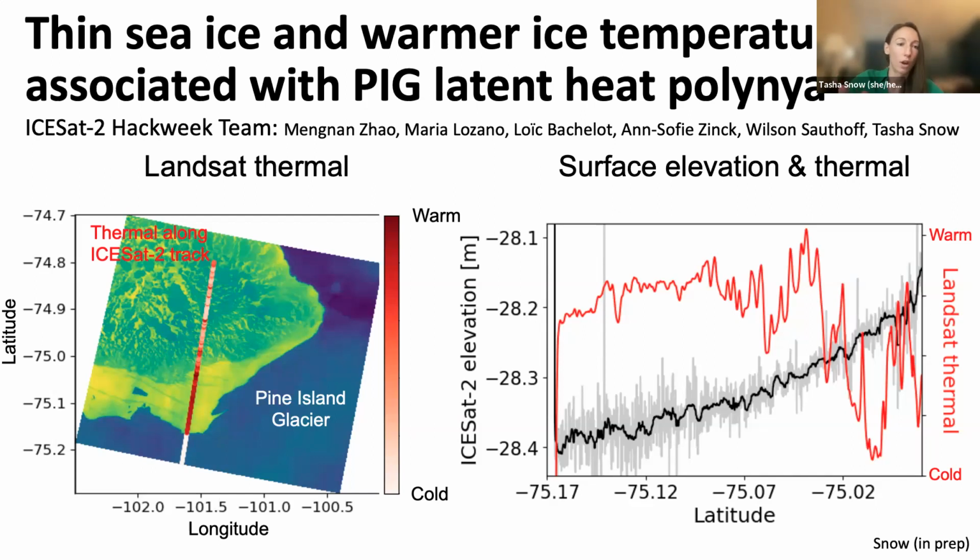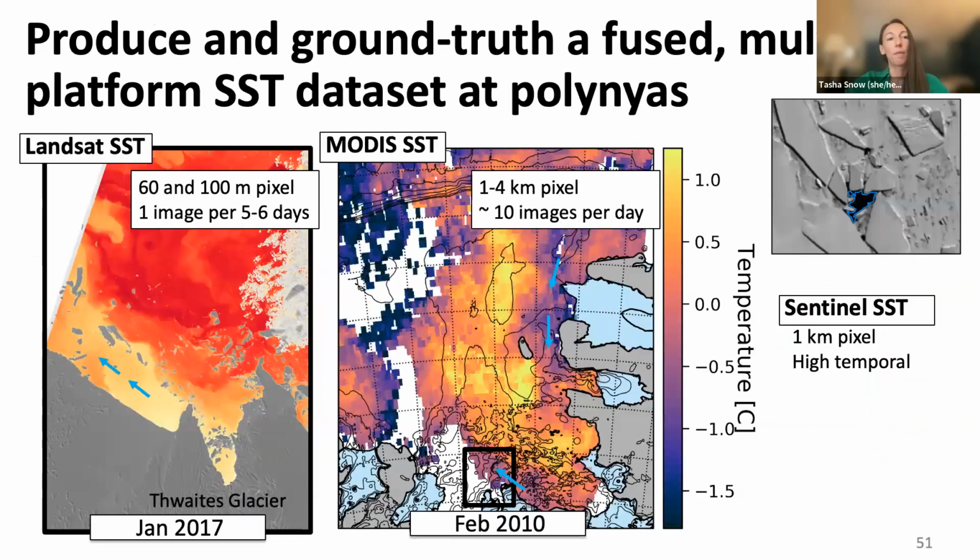So it's really cool work that we can do in an educational way using the cloud in these hack weeks. On top of that, we're doing some data fusion and ground truthing with the different thermal products that we'll be creating or are already present. So Landsat's on the left, and we have MODIS and Sentinel.